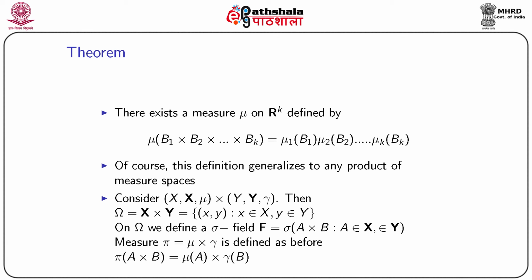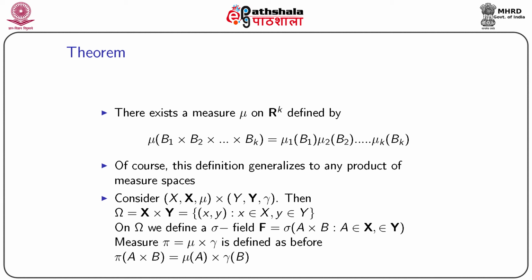So consider two of them, (X, script X, mu) and (Y, script Y, gamma). So we have two measures, mu and gamma. Then Omega is the product of X and Y, the collection of all (x, y), where x belongs to X and y belongs to Y.